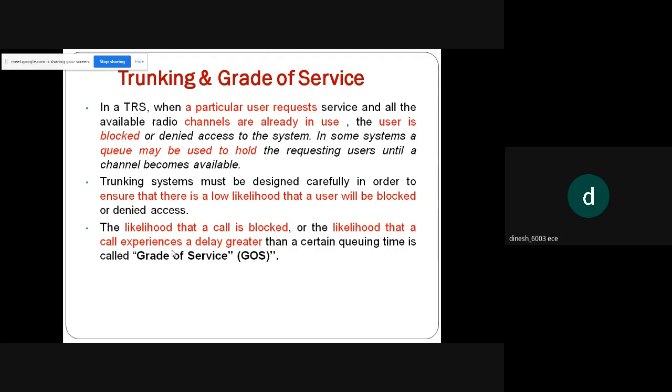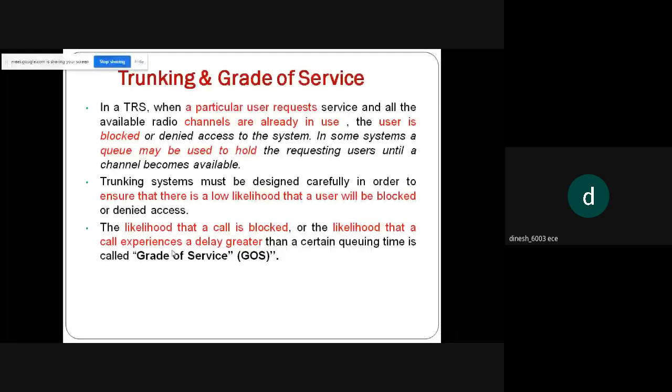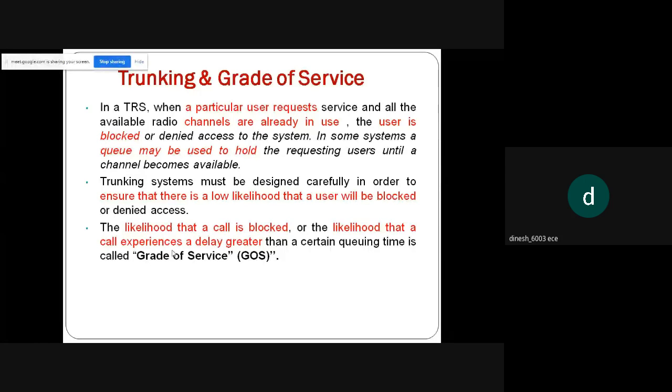And in some cases, when you're calling from Idea to BSNL, the call connection takes much longer than your expected time. So then the grade of service will come into play. You will experience a queue. So you may move away from the network of BSNL or from the network of Idea. So the network operator should take care of this in designing them.